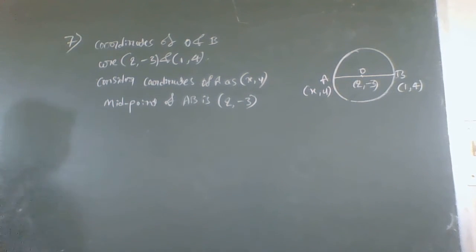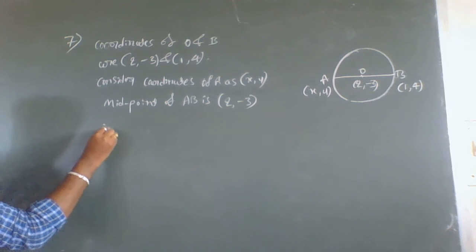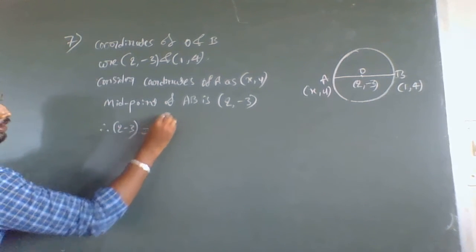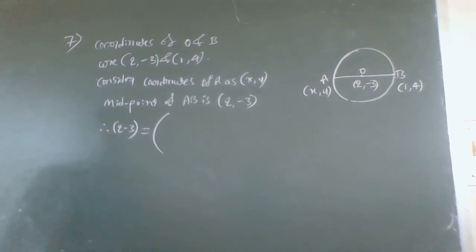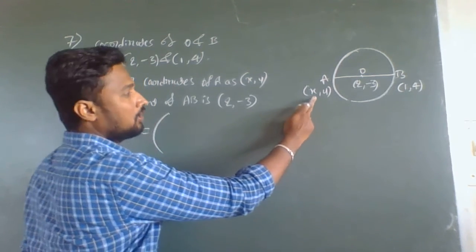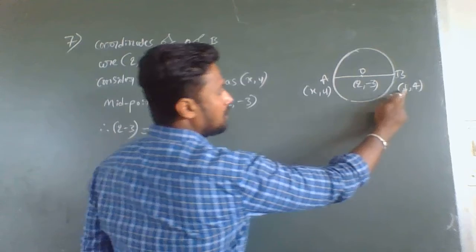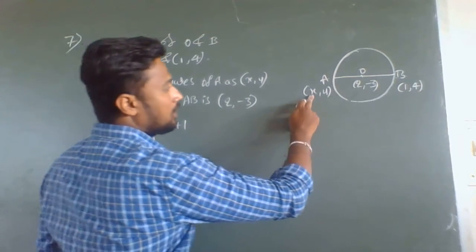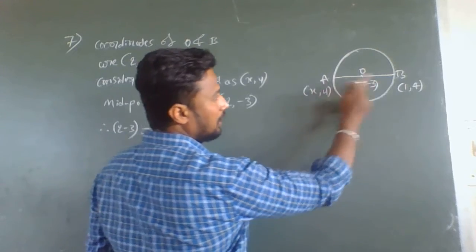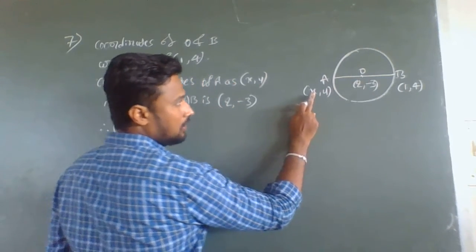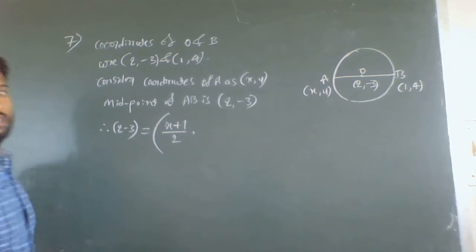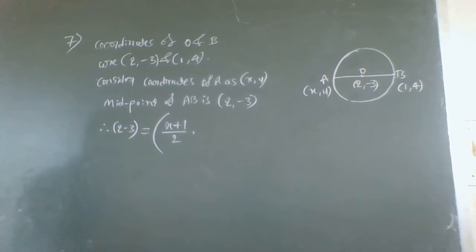Therefore, 2 comma minus 3 should be equal to, by the midpoint formula, x plus 1 divided by 2. We add the x coordinates of A and B, which are x and 1, so x plus 1 divided by 2.